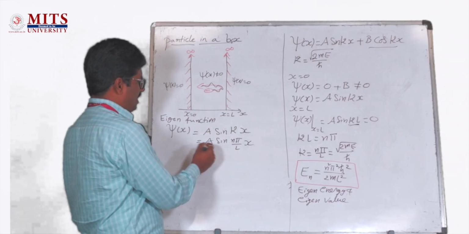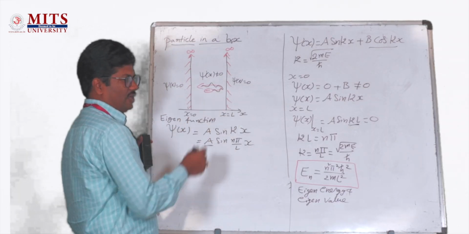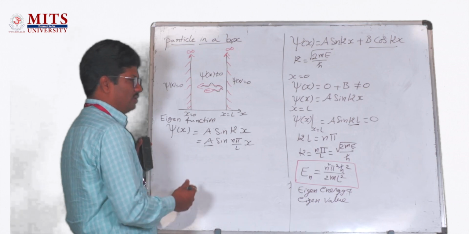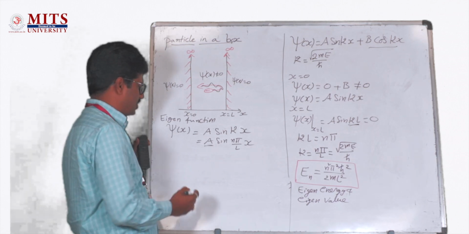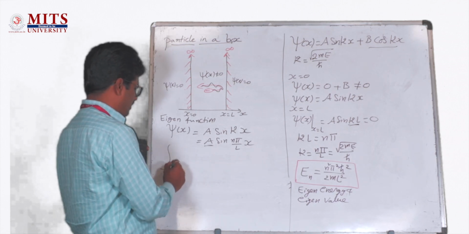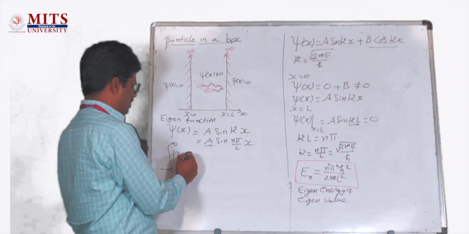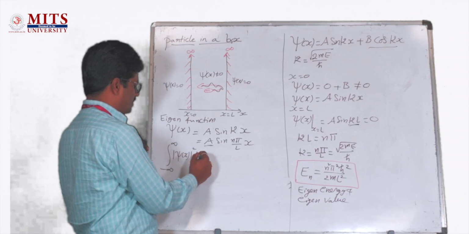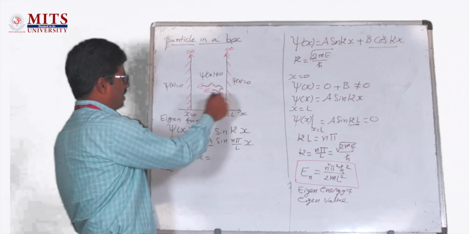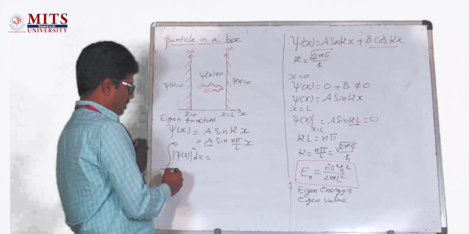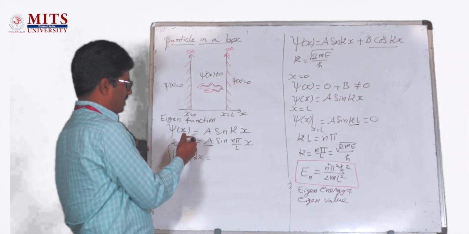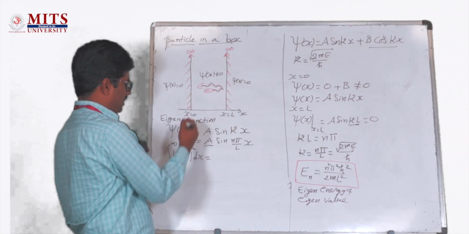Now what is the A value, the amplitude of this wave? For that we will use the probability density function. So we will take minus infinity to plus infinity mod psi square dx. You are searching for the particle between x equal to minus infinity to plus infinity. For this case, what is the lower limit?